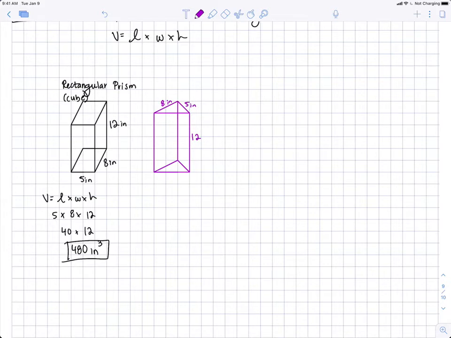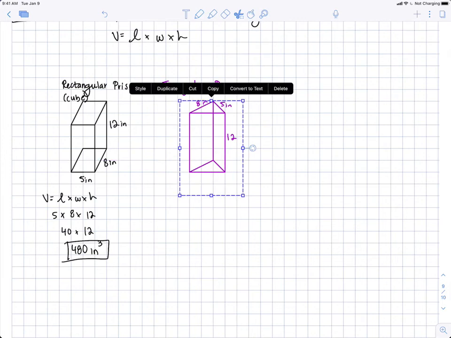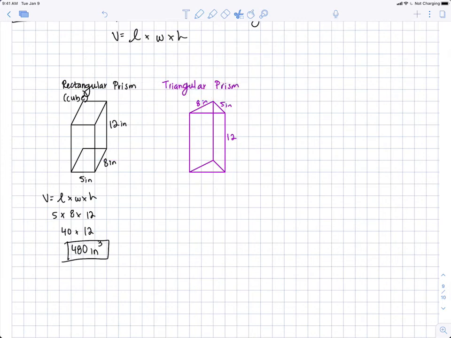Okay, so I hope you're noticing a few things, because this triangular prism, hold on, let me write my title here. This triangular prism actually relates to this rectangular prism here, although it's a little bit difficult to draw this freehand. But notice how there are a lot of the same dimensions.